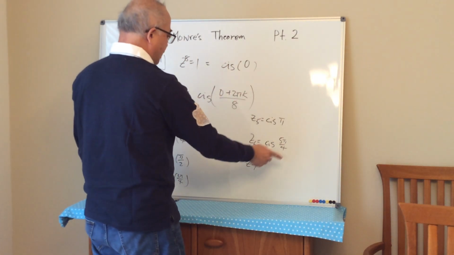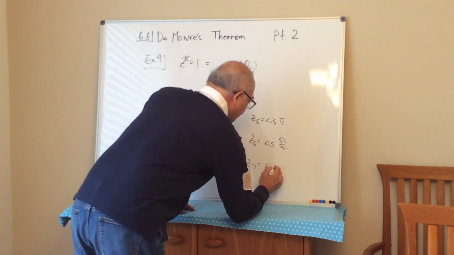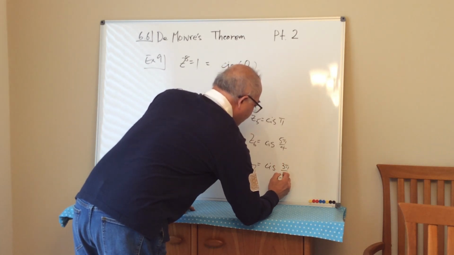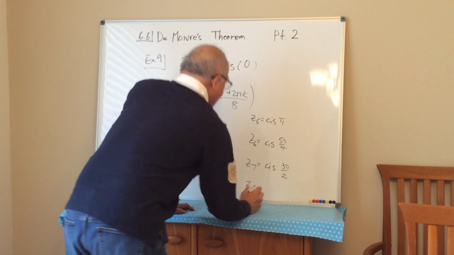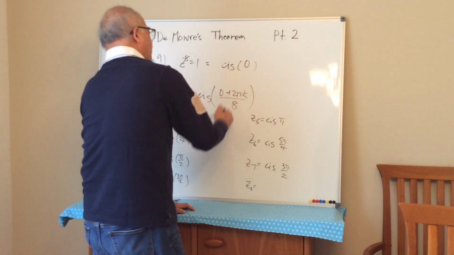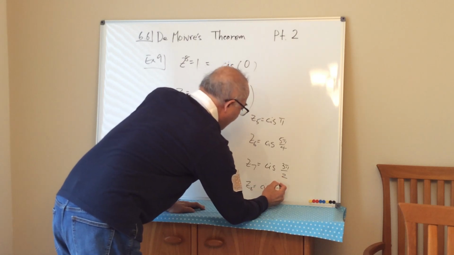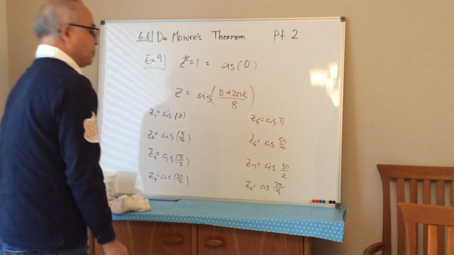Seventh one is when this is 6, so it's going to be 12 pi over 8. 12 pi over 8 is going to be 3 pi over 2. And then the last one is when this is 7, so it's going to be 14 pi over 8. That's what it's going to be.